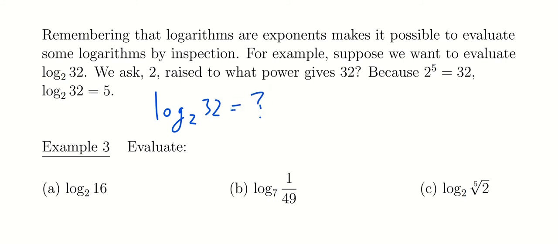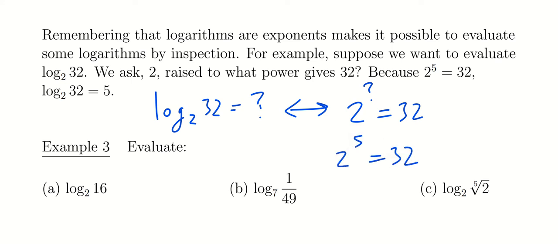If we convert this to the equivalent exponential statement, we're asking 2 to what power gives us the value 32. And if we think about our multiplication tables or just simply multiplying, it would take 5 2's multiplied together. 2 times 2 times 2 times 2 times 2 would be equal to 32. And because of that, log base 2 of 32 would be equal to 5.